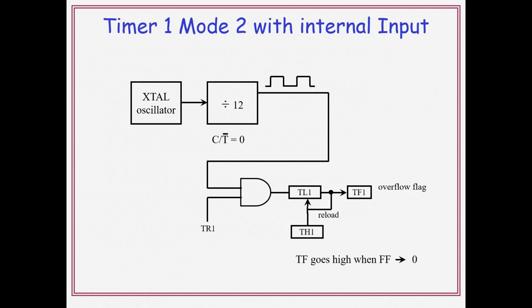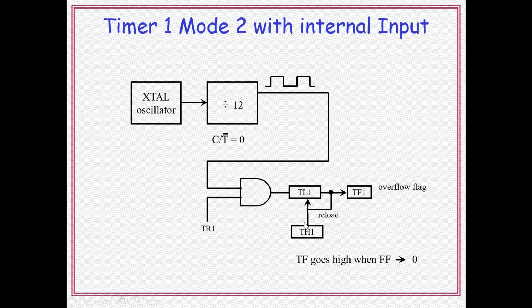We already discussed that the oscillator frequency is divided by 12, and that is the final value given as input to the timer. Always, the timer's input frequency is 1/12th of the oscillator frequency. These timers can be enabled with the help of TR0 or TR1. TR1 is for timer 1 and TR0 is for timer 0. It is also called the timer run control bit.